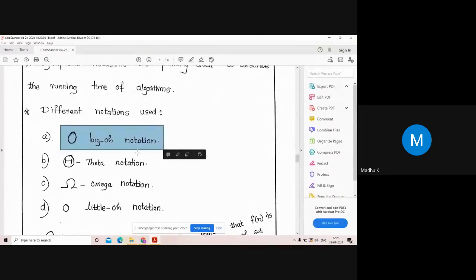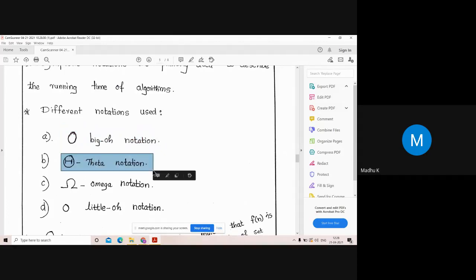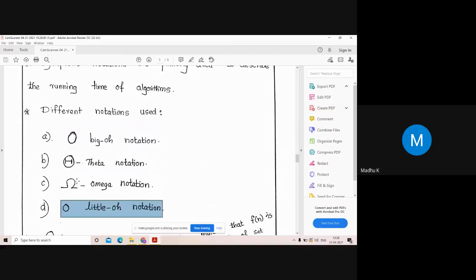Big O notation. This is big O notation. Next is theta notation. And the third one is omega. This is big omega notation.